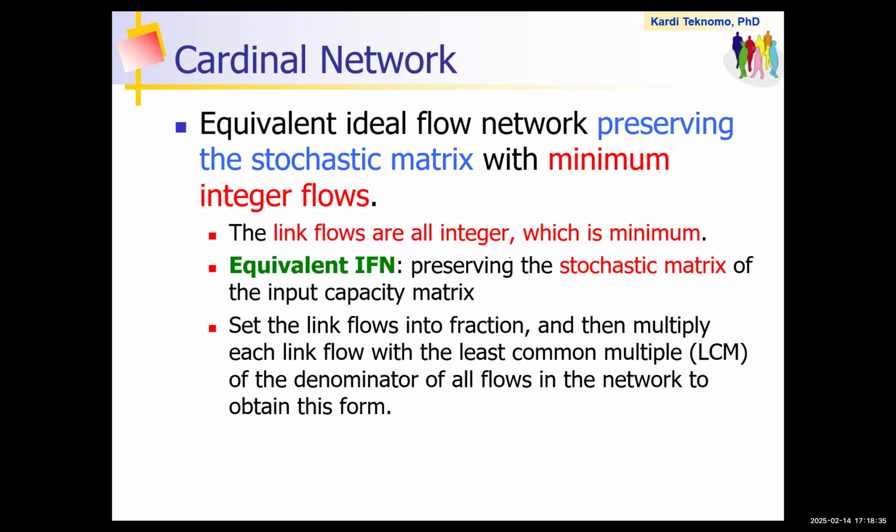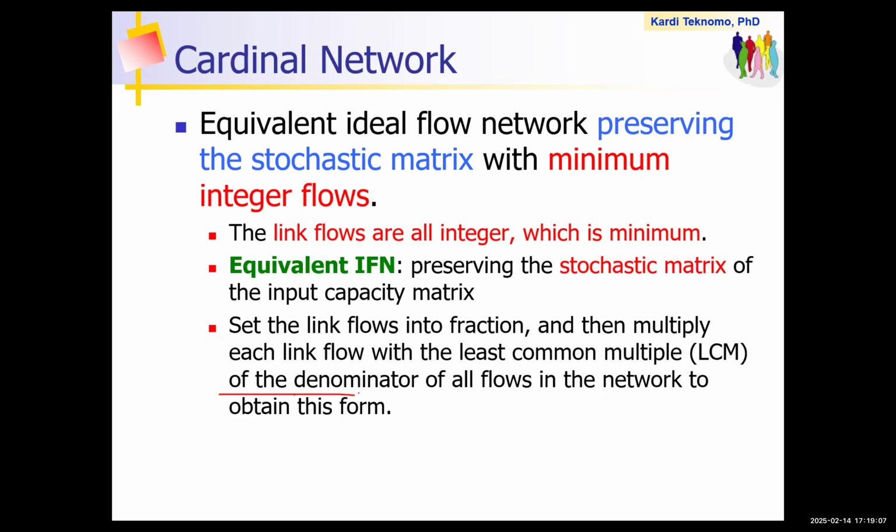One interesting thing is the cardinal network, the equivalent IFN that preserves the stochastic matrix with minimum integer flow. How to get that? First you put all the link flows into fractions, and then you get the LCM, or least common multiple, of the denominators.